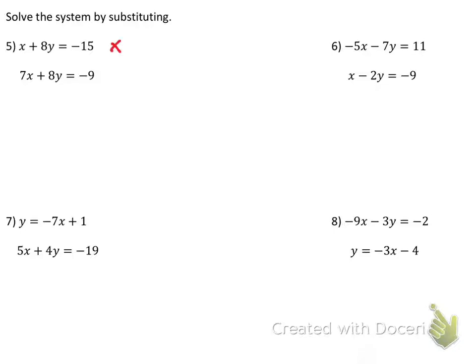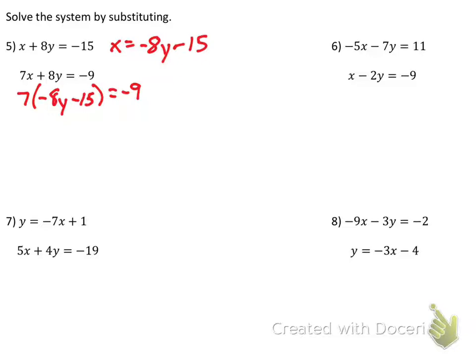So x is equal to negative 8y minus 15. And then what I'm going to do from there is plug that in. So 7 times negative 8y minus 15 is equal to negative 9.